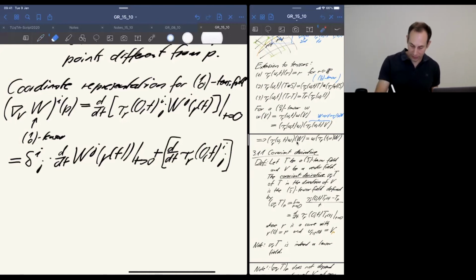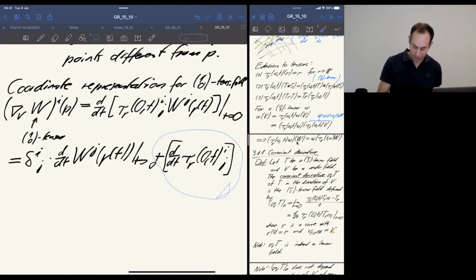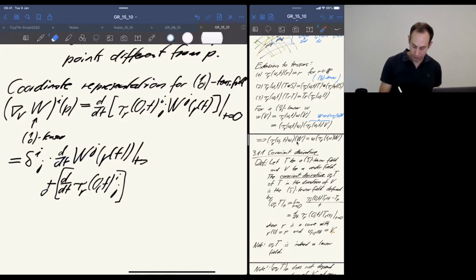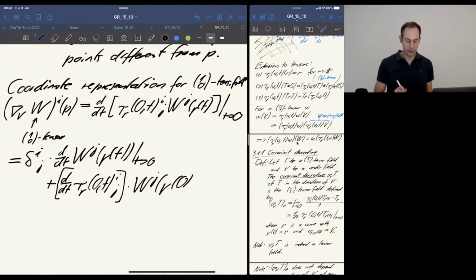So space is still a bit tight here, so let me put this on a new line. So I have this, and then the second factor this time will not be differentiated. So I just keep it gamma and evaluate it at the point 0. So that's the derivative.